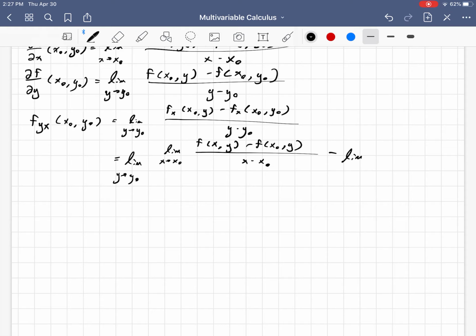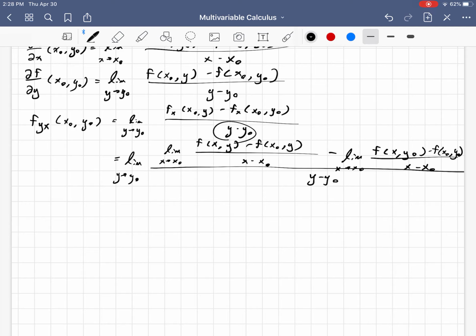So I get the limit as x approaches x naught of f of x comma y naught minus f of x naught comma y naught, the same over x minus x naught, and then all of that is over y minus y naught from up here.